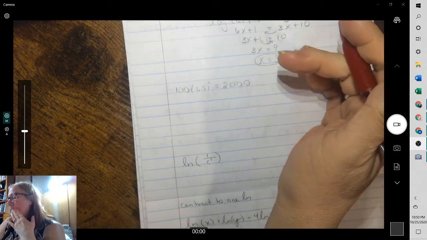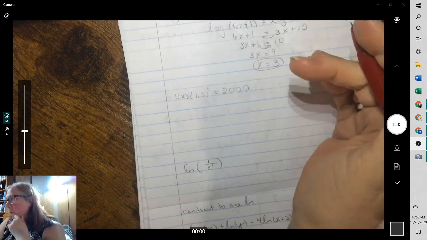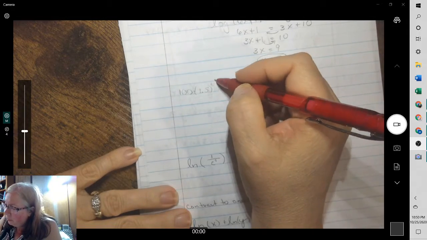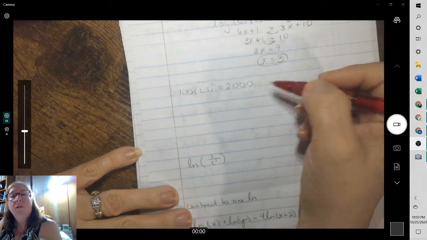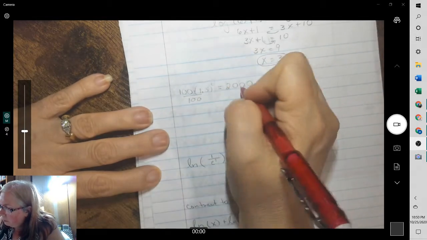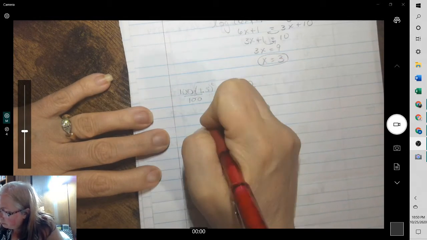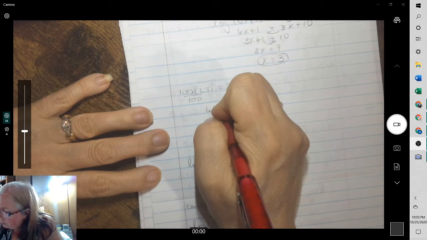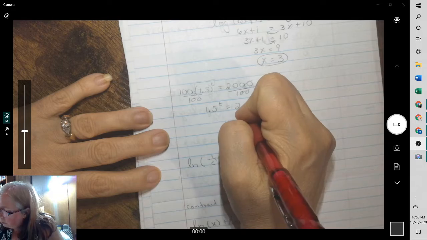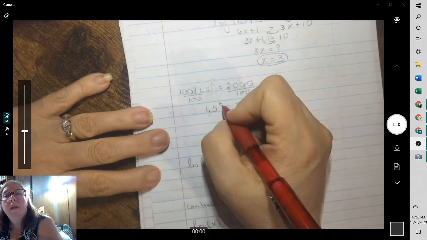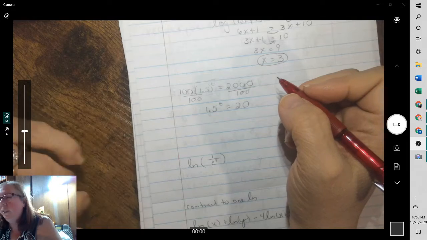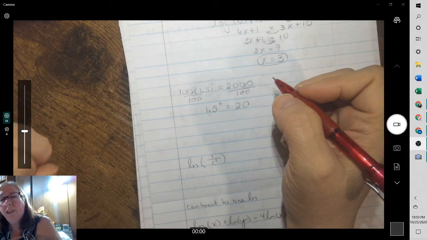How about this one? Okay, there's a couple ways you can go with this. First, get the part that has the exponent by itself. So we'll divide by the 100. Now, when you have a variable in the exponent, what you can do is either take the log of both sides or the natural log.